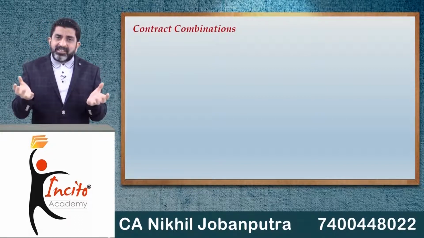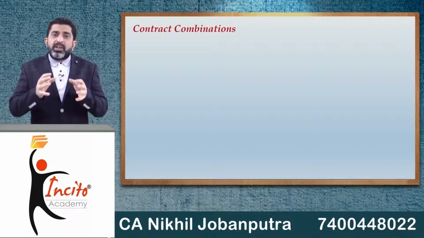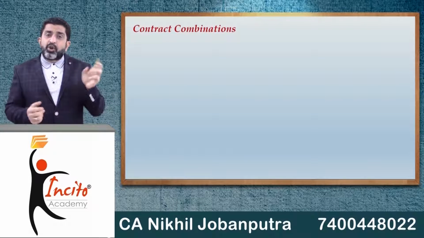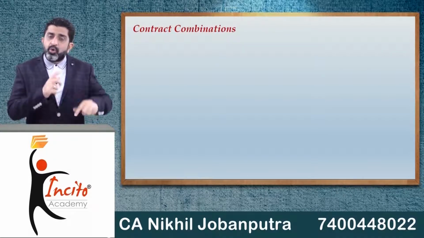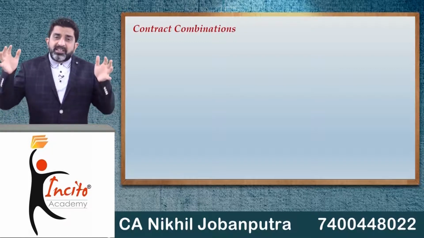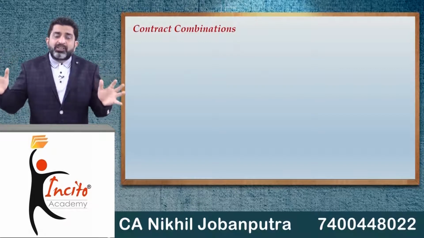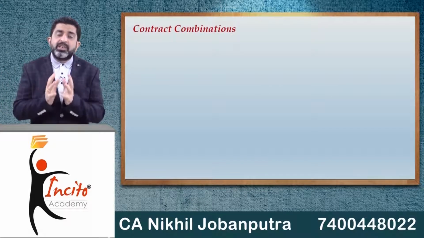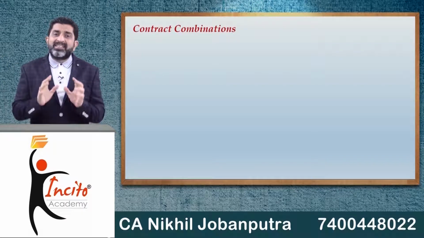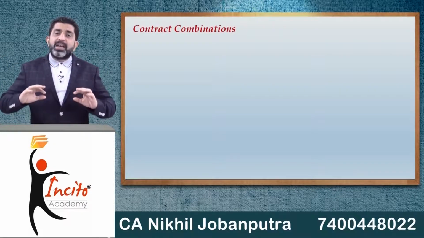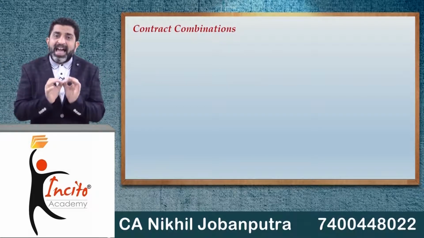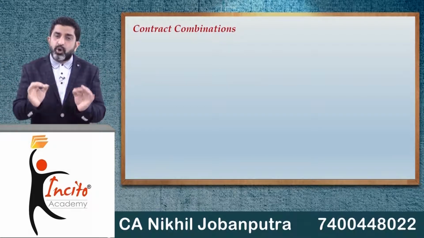Now these three assets cannot be used independently, but there are three different contracts that you have entered into with a lessor. So you are a lessee having three different contracts, and these assets are actually to be used in conjunction, and therefore it makes sense to consider this whole as a single lease component. So we are now trying to merge different contracts as if it is one single lease component.